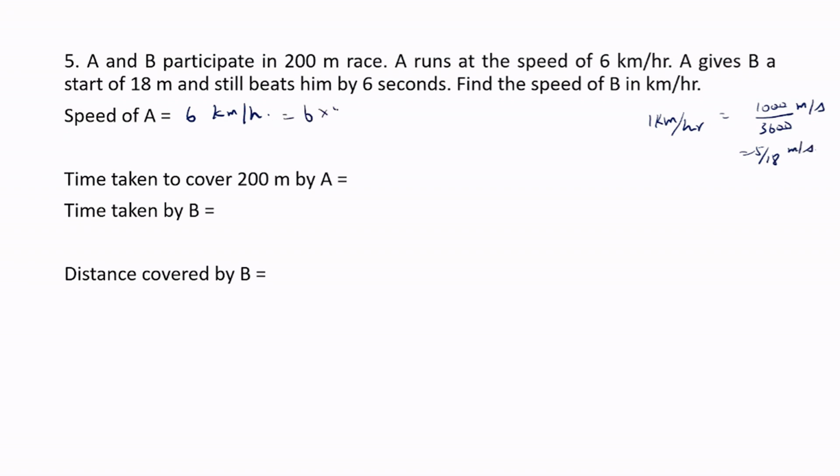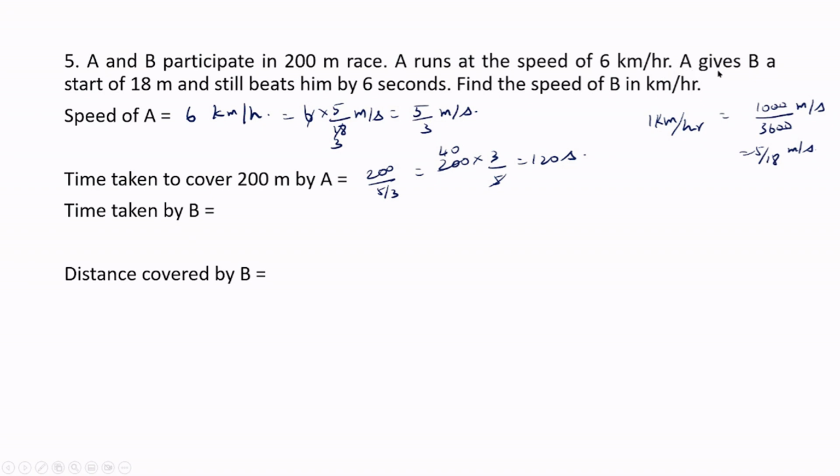So this will be 6 into 5 by 18 meters per second, or it is 5 by 3 meters per second. Next we have the time taken to cover the entire distance, 200 meters, by A. It will be distance by speed. So it is 200 by 5 by 3. It is 200 into 3 by 5, which is 120 seconds.